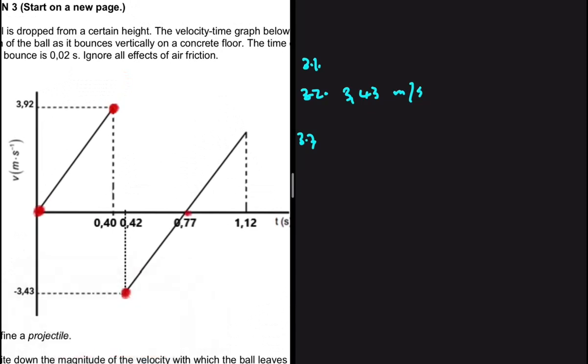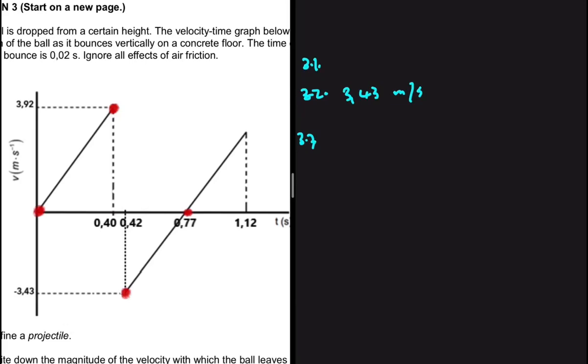So at 0.77 seconds, our velocity is equal to 0. We know that we are at a maximum height. But apart from the velocity being equal to 0, there is nothing special about maximum height. Gravitational force is still acting on the object. It is still 9.8 meters per second squared downwards.